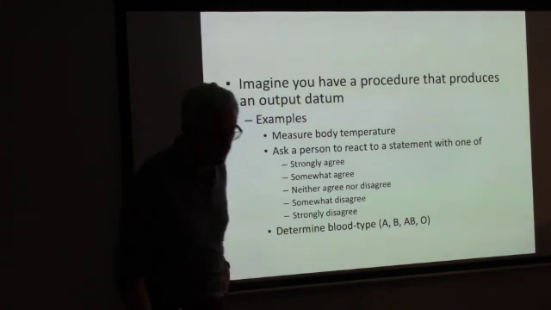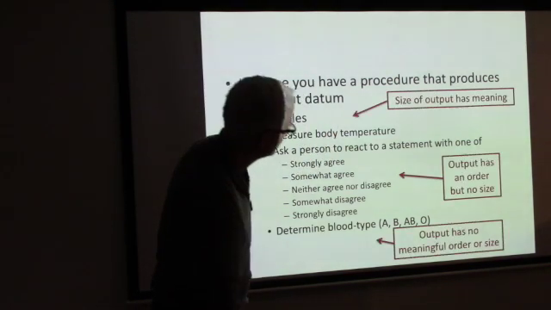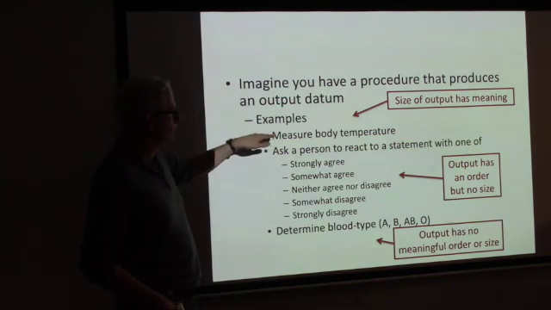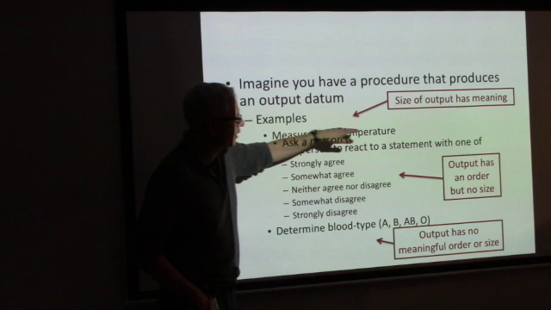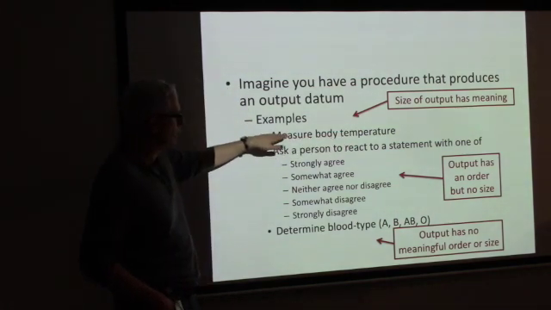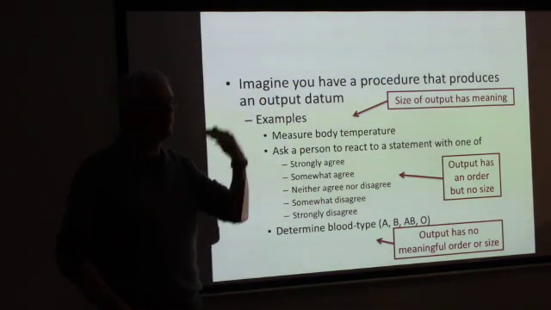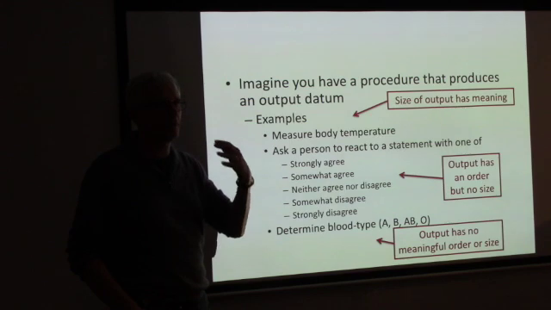Now these are actually 3 different types of data. This one is a continuous valued thing, and what's really different about it is that the size of the output has meaning. Each degree hotter has a real physical, biological meaning.